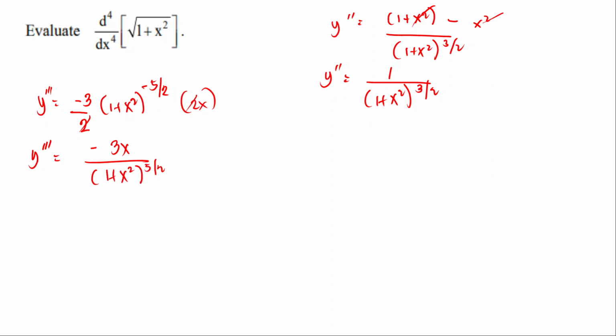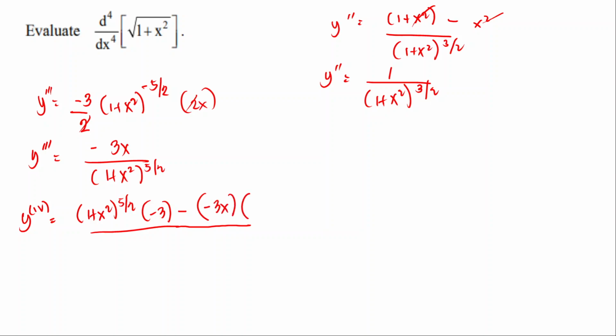So, pwede na natin kunin si fourth derivative. Okay, si fourth derivative is i-derive natin si third derivative. This is quotient. Okay, so 1 plus x squared 5 halves. Tapos derive natin to. This is negative 3 minus. Okay. Negative 3x times.